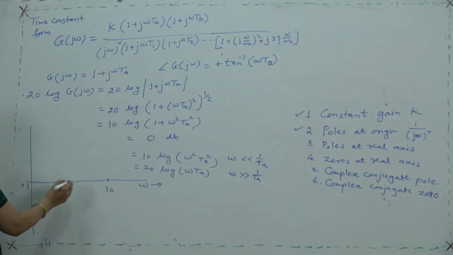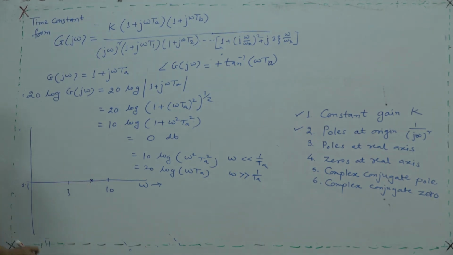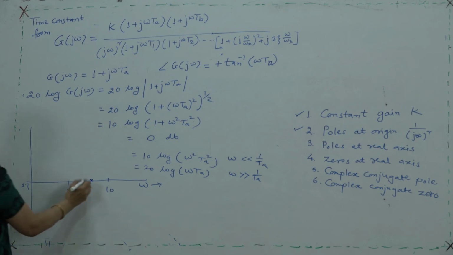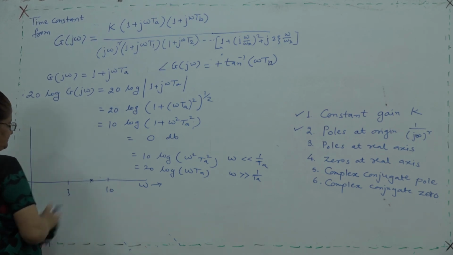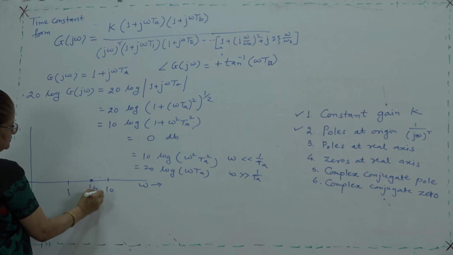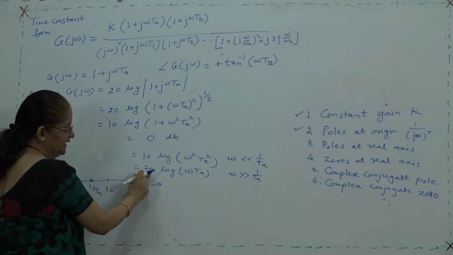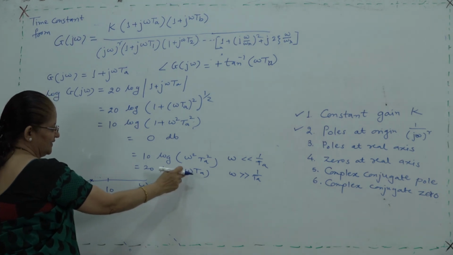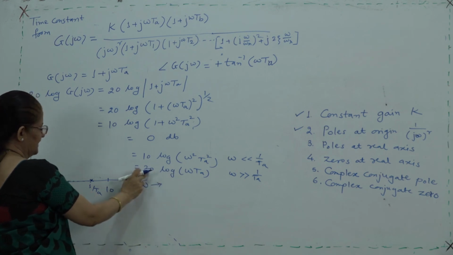Okay. So, consider the corner frequency, 1 upon T A. Till 1 upon T A it is 0 dB, and after it is 20. So, when you are considering this is 10 times, log of 10 is 1, so you will get plus 20.